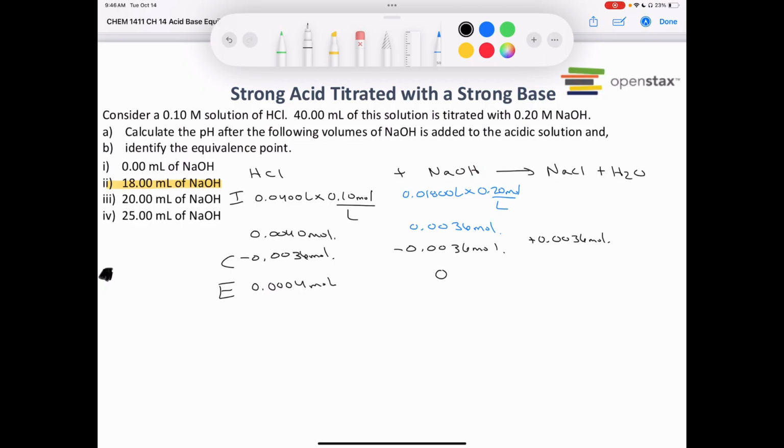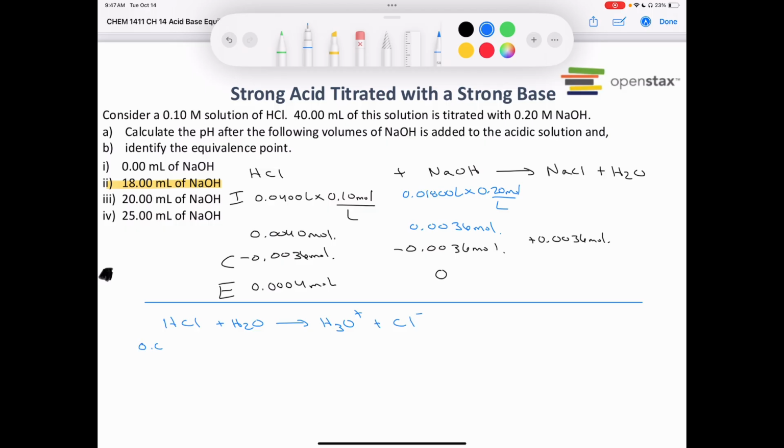So now, in order to determine the pH of the solution, the only thing we have to worry about is our HCl. We're going to need to calculate the concentration of our HCl, because remember, the HCl is the only thing left over. Our HCl is going to dissociate 100% in water to give us hydronium and chloride ions.